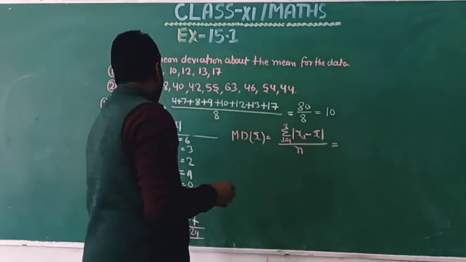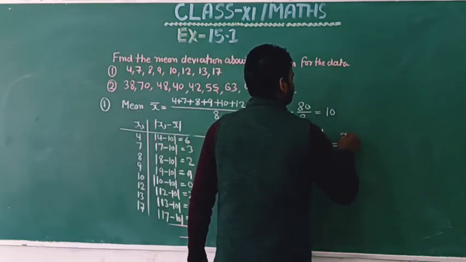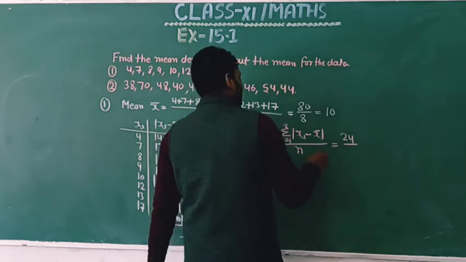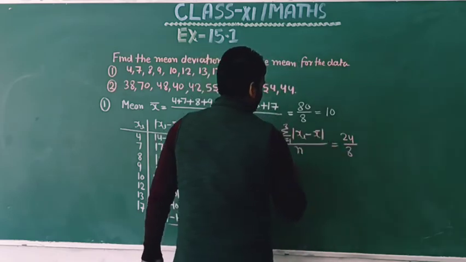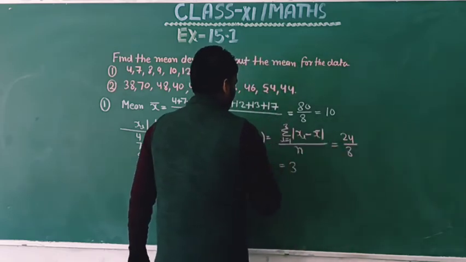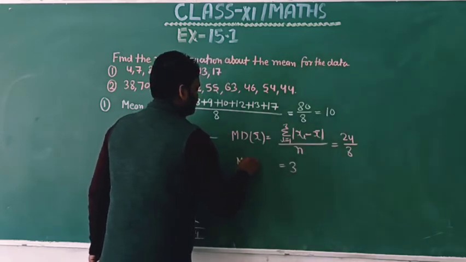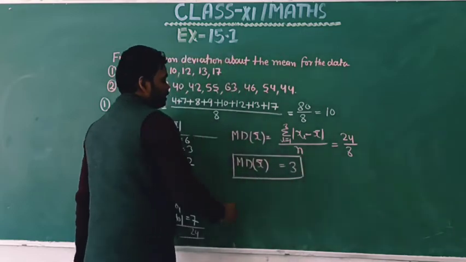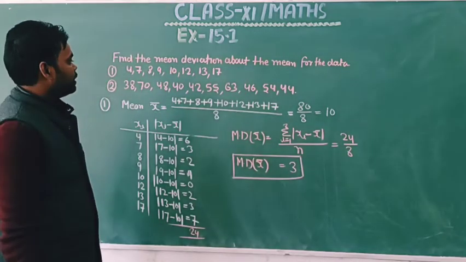So the sum of deviations 24 divided by 8 is equal to 3. So the mean deviation about mean is 3.